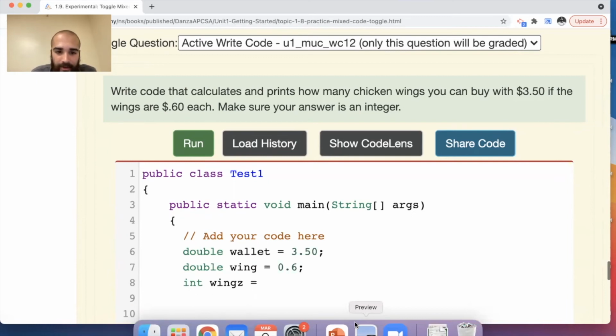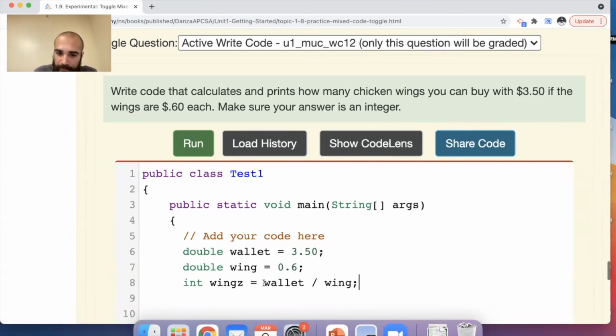And I'll say, let's see, I got my wallet divided by how many I got, like price per wing, but that's going to give me a double, right?